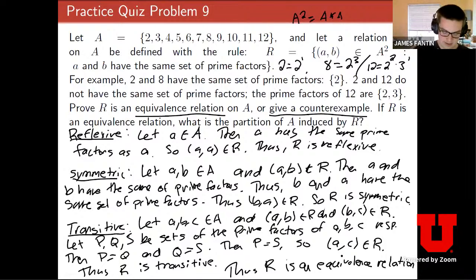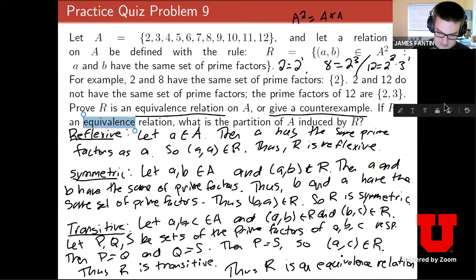No? Okay. So now let's try to figure out what the partition of A induced by R is. Because remember, if something's an equivalence relation, that means that we can create a set of partitions for the set we're looking at. So let's try to figure that out.